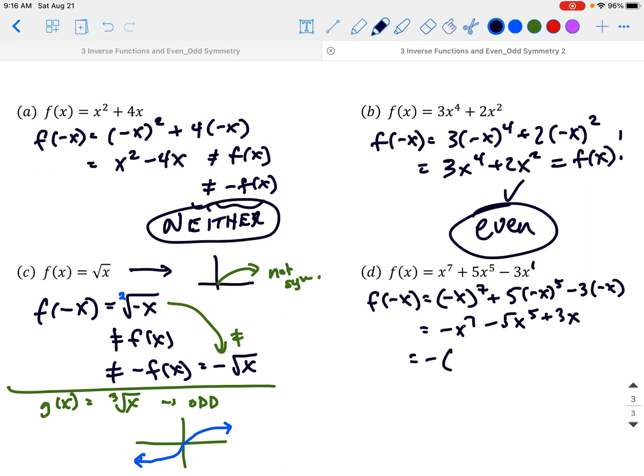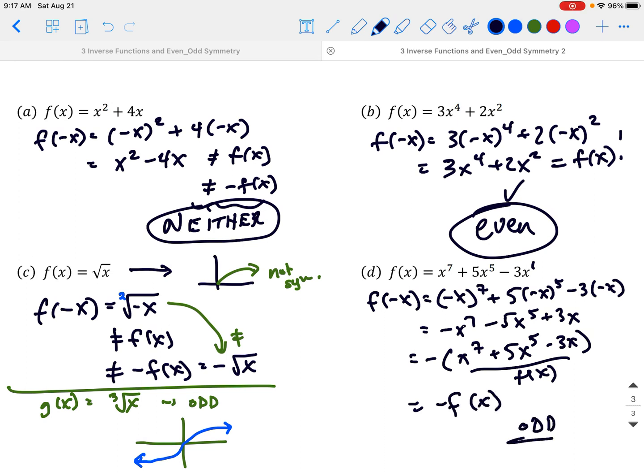And then if we factor out a negative 1 from each term, we'll see that that is f of x. So we get negative f of x, and our function is odd. And let's note we are neither for the square root function. So that's going to be our typical check.